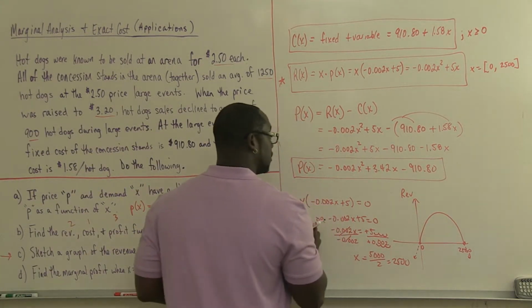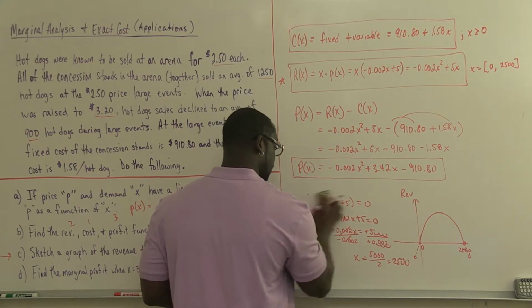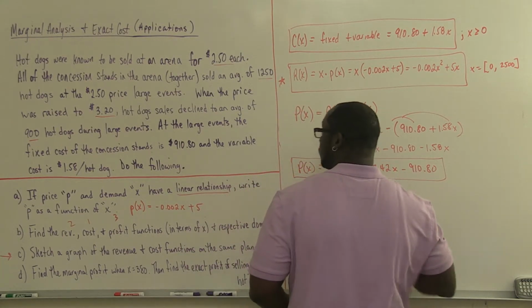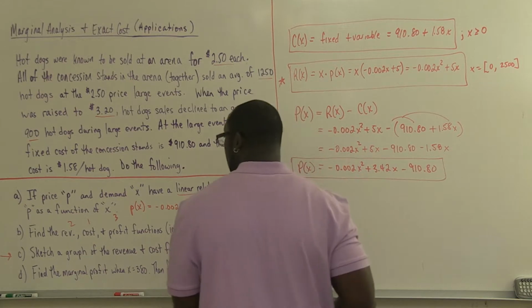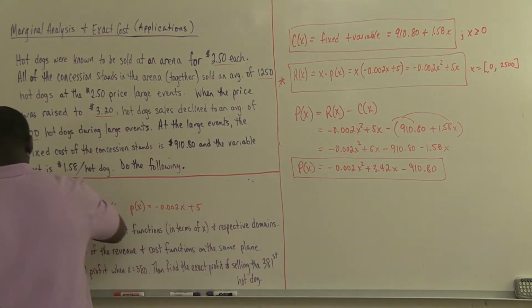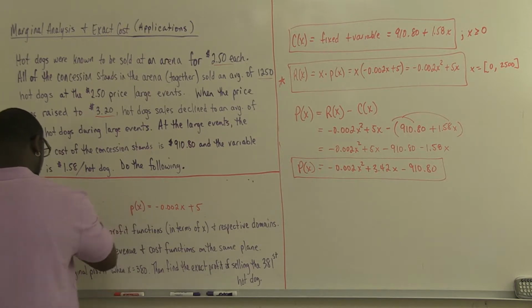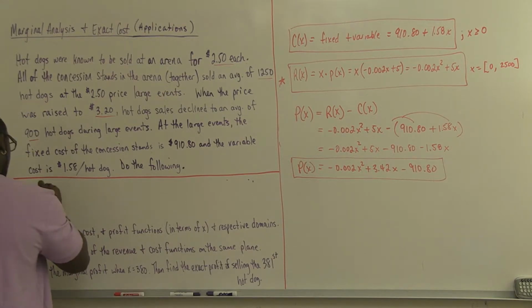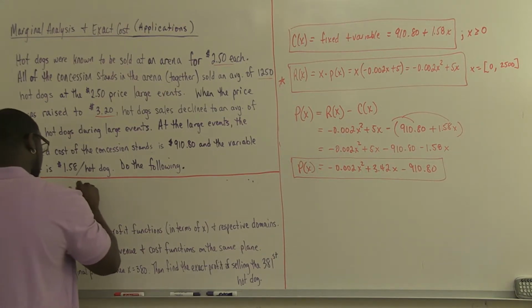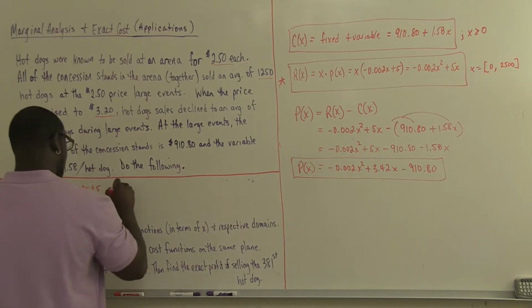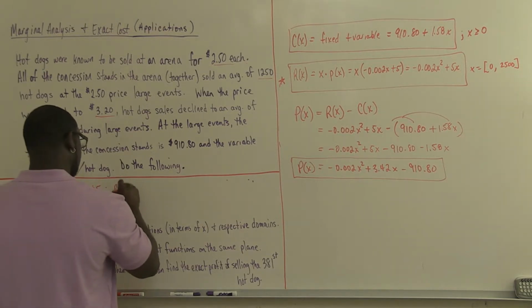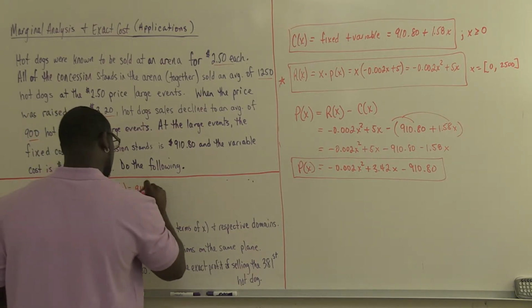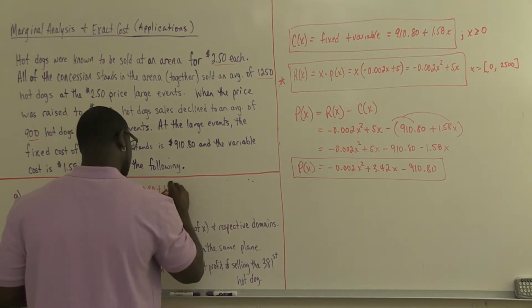So I'm going to make some room here. And I'm actually going to erase this part so that we can have some room. So our price function here was this. Our cost function is this.